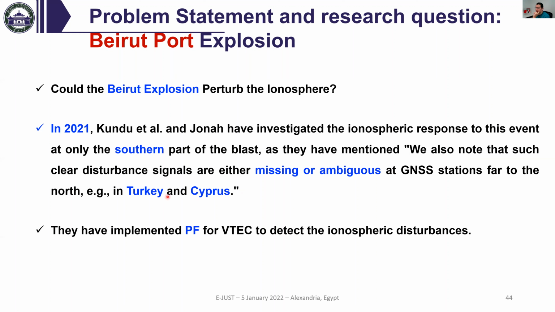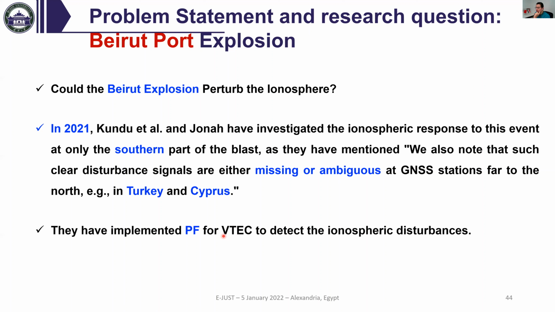We focus on the missing data. We think that because they used polynomial fitting, and we proved before that this method can filter out the small variation in the ionosphere, and also because their study depends on VTEC, or vertical total electron content, which as I mentioned before is sometimes not convenient because of the mapping function.